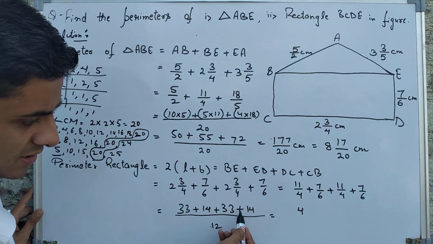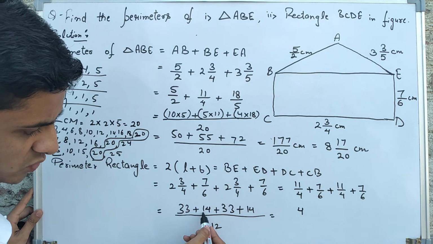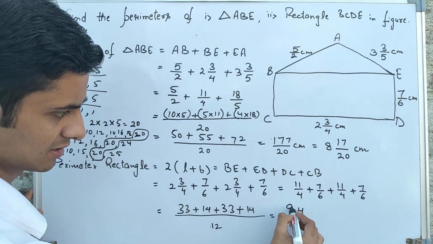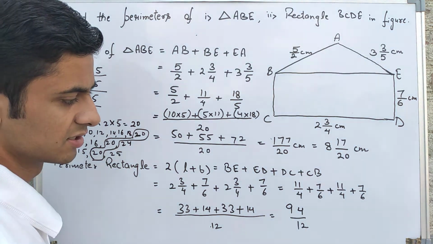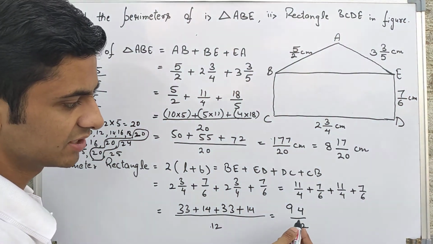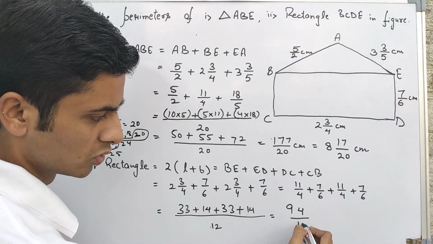1 carry. 3 plus 1, 4. Plus 1, 5. Plus 1, 6. Plus 3, 9. Or let us reduce it. Can we reduce it? Yes. It falls in the table of 2.